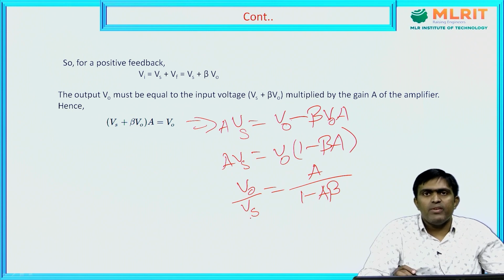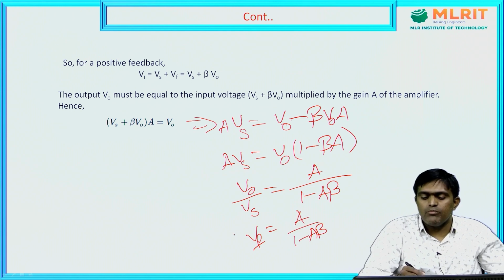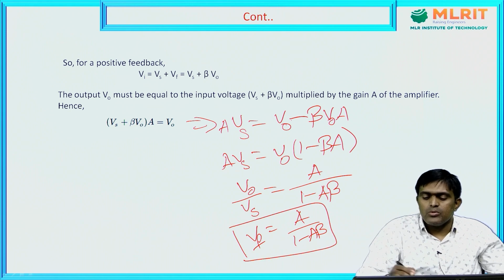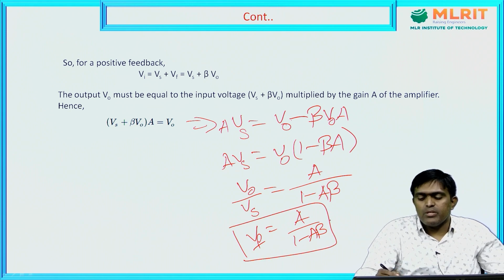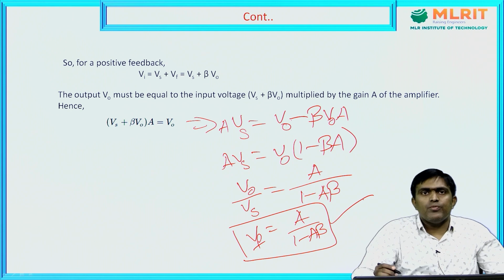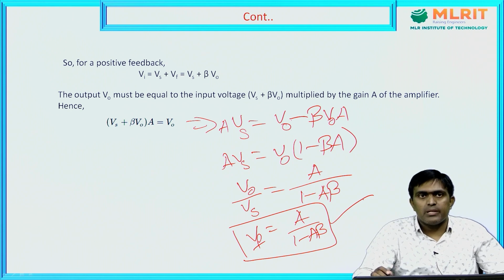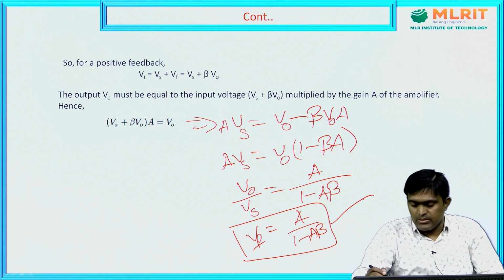This is the gain with feedback, equal to A by 1 minus A times beta. This equation will be used for the derivation of the Barkhausen criteria. We will see what Barkhausen criteria means in the next slide.